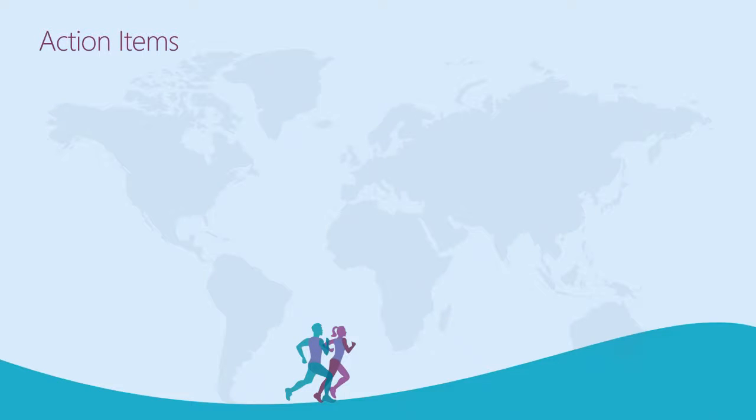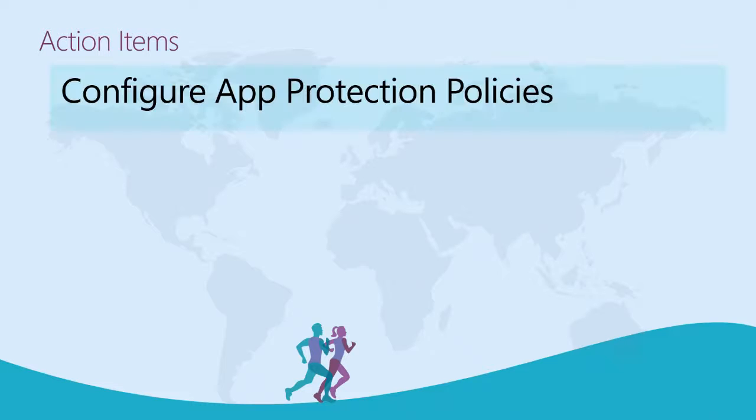So with that being said, now let's look at the action items that we should consider when we go back after this session and evaluate the security of our data on our mobile devices. So first things first, you need to have Intune app protection policies. So look into your configurations, start defining the policies that you have.